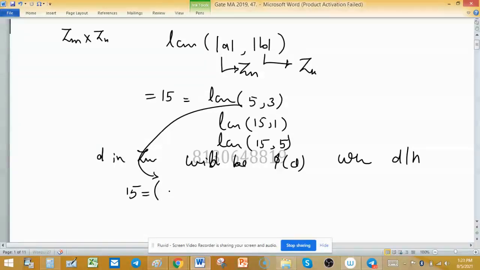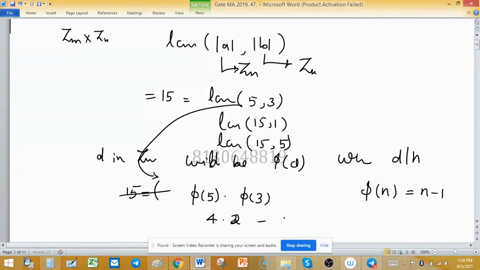So the number of elements of order 5 will be phi(5), times the number of elements of order 3, which is phi(3). Actually these are primes, so 4 times 2, because if n is prime, then phi(n) is n minus 1.